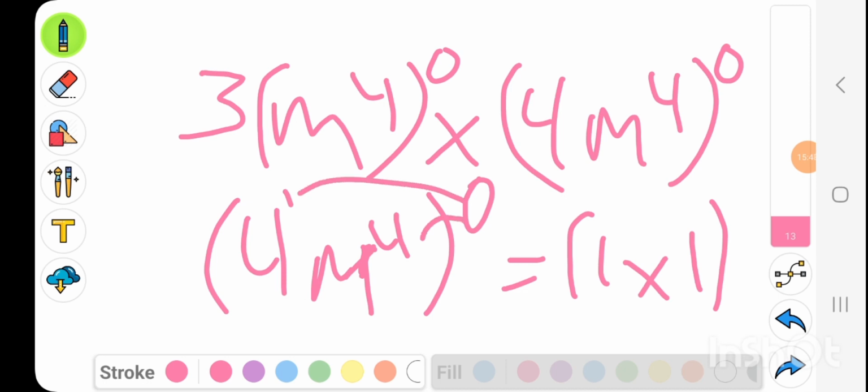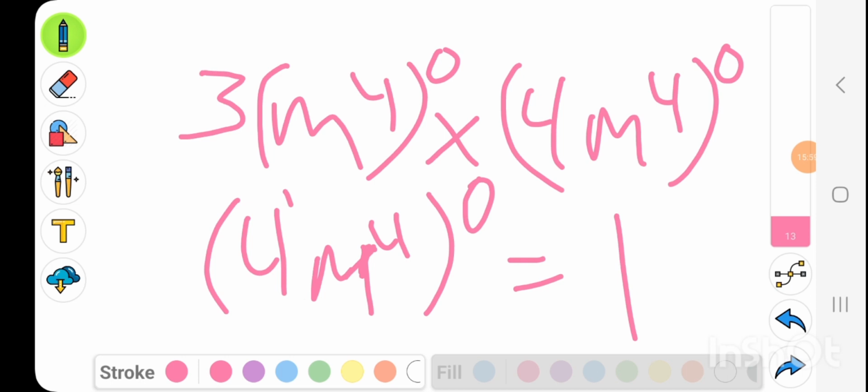So 4 to the power of 0 is 1, and m to the power of 0 is also 1, and it's in multiplication form, so it's 1 times 1, which is just 1.